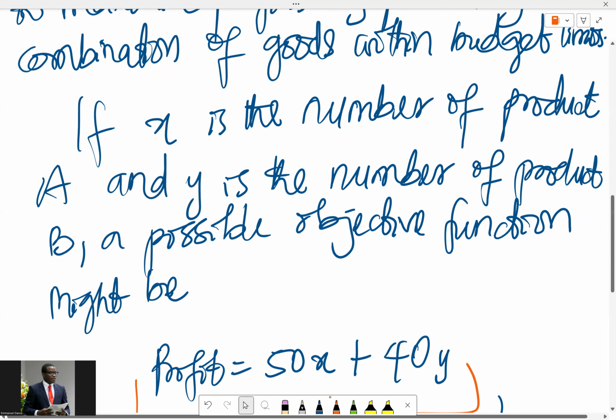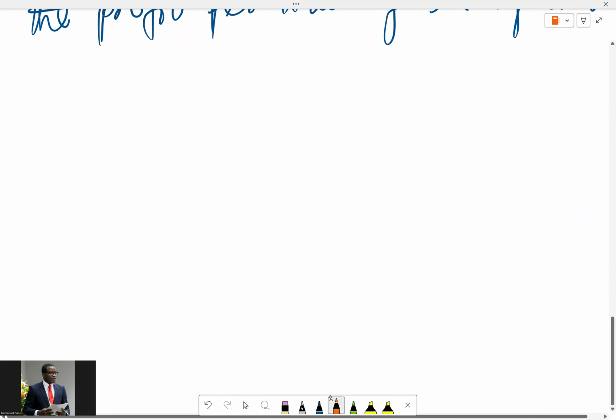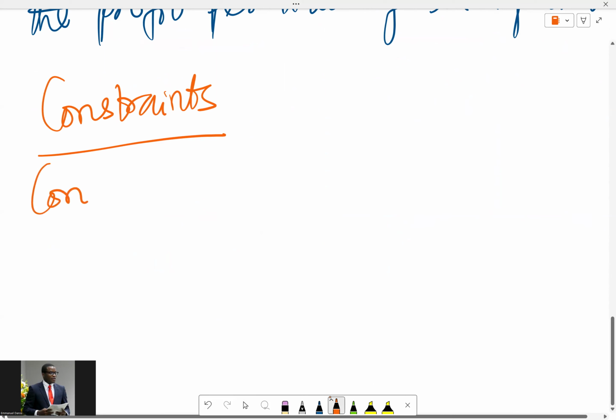So let's move on to the next idea, which is constraints. You have the objective function, that's the actual thing you want to do, but then there are constraints, right? There are limitations.